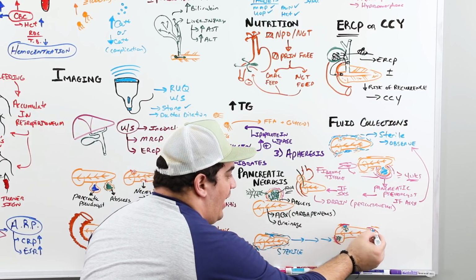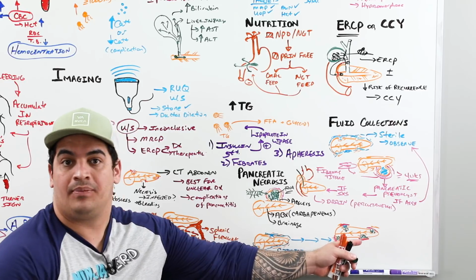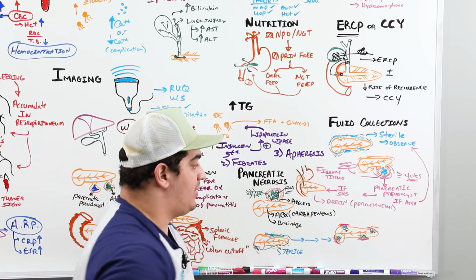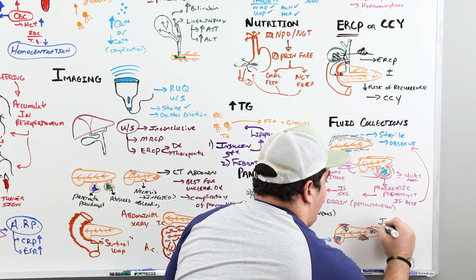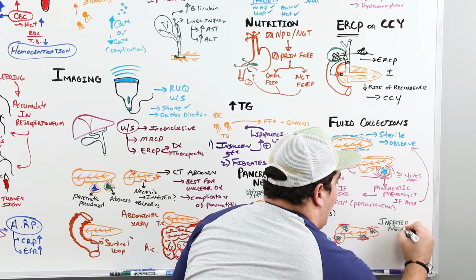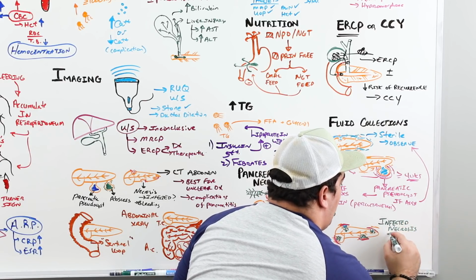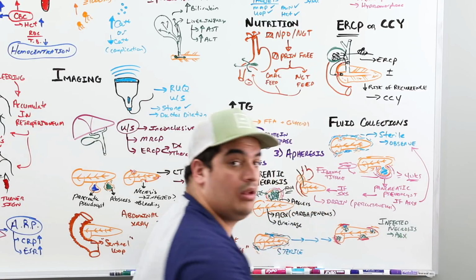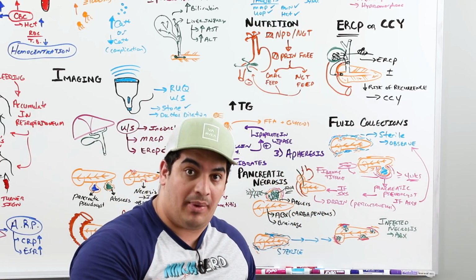What is this called? This is called infected necrosis. In this situation, you may start antibiotics. What type? Carbapenems like meropenem or imipenem.